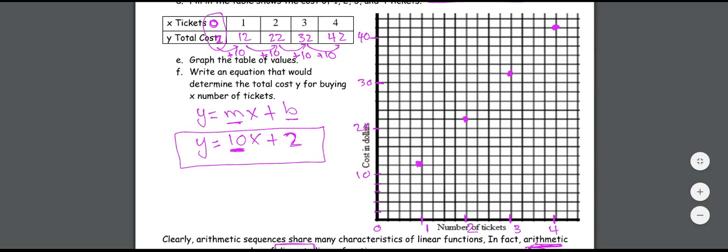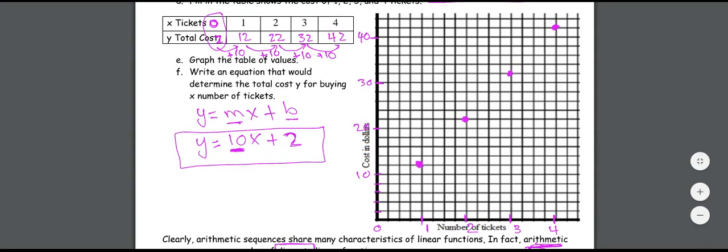That's why the values jump from 1 to 2 to 3 to 4. Because these dots are not continuous, they do not connect. This is called a discrete function, and it's best represented by an arithmetic sequence.